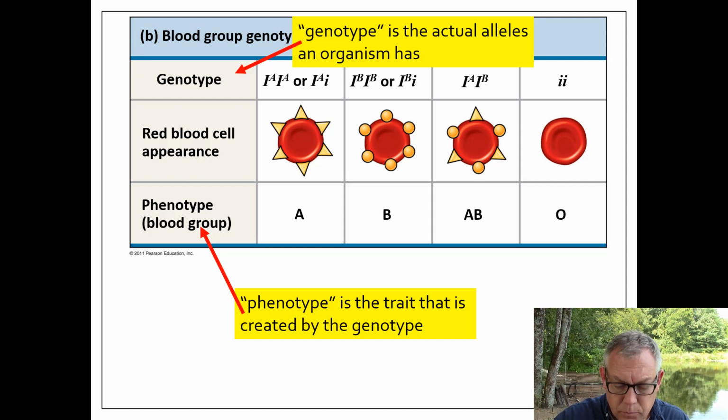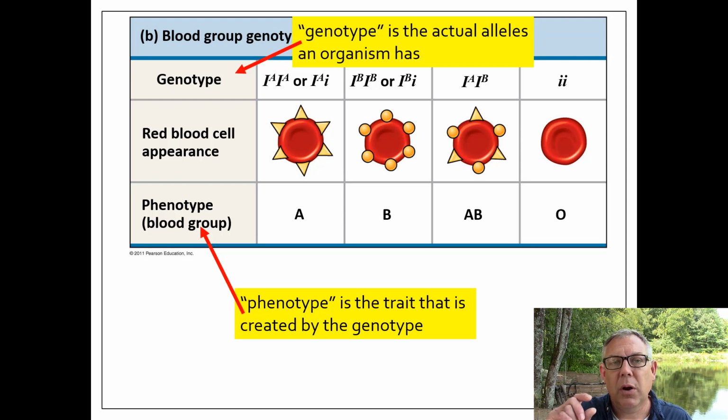But now you can understand how we get these different blood types, because it's all about the proteins and the glycoproteins that are on the surface of that red blood cell. If you have a type A allele, you're going to produce a type A protein. If you have a type B allele, you're going to produce a type B protein on your red blood cells.